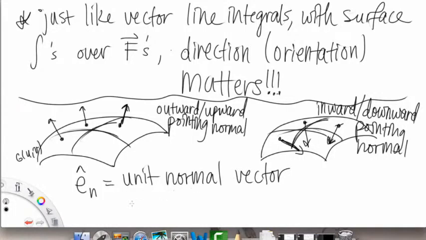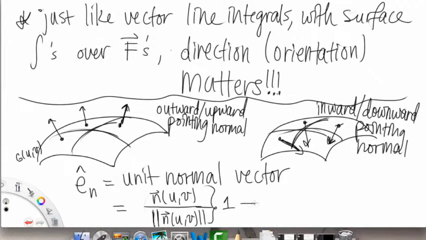It is equal to the normal vector, which we've practiced calculating before, divided by the magnitude of itself, which we've also practiced calculating. If you take the magnitude of this entire thing, you just get 1. So the length of a unit normal vector is always going to be 1.